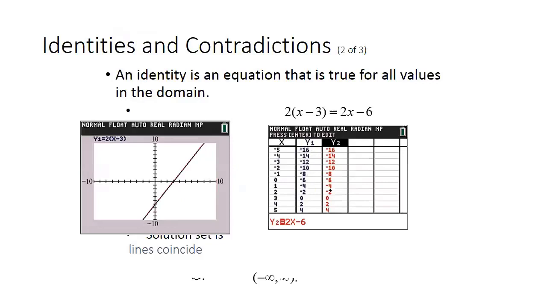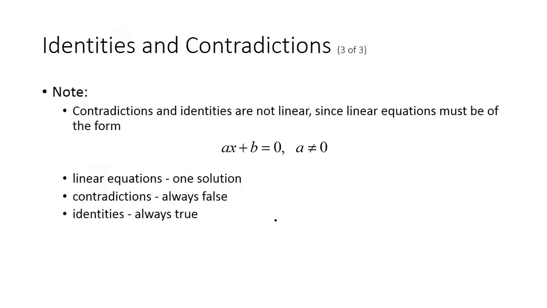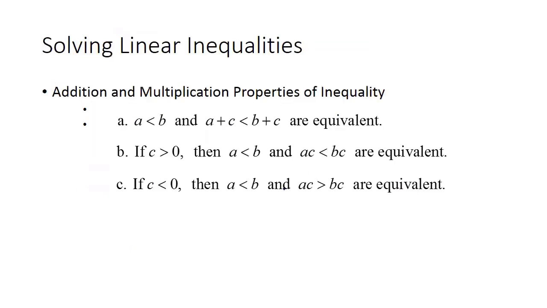In this case, x and y would be exactly the same. So when you have a linear equation, you could have one solution, always false or always true, depending on, again, looking at the graph of those two solutions.